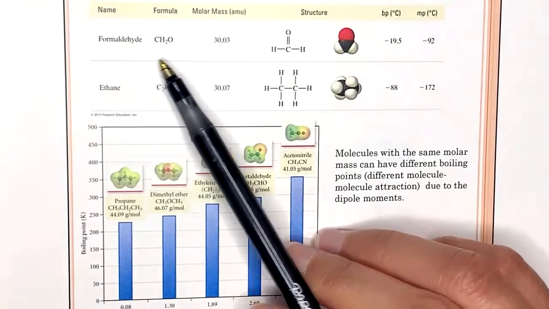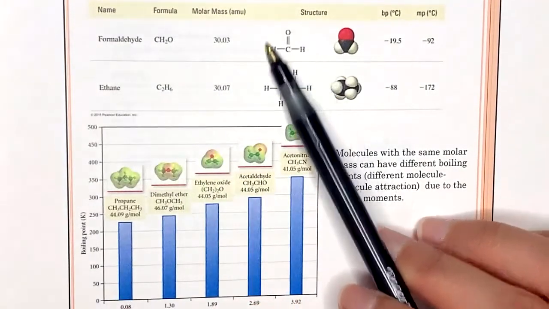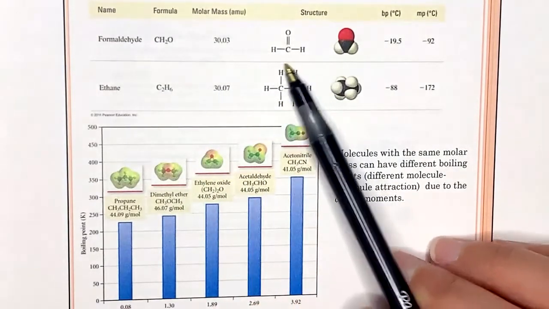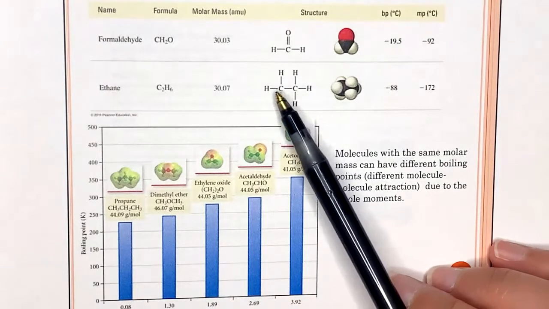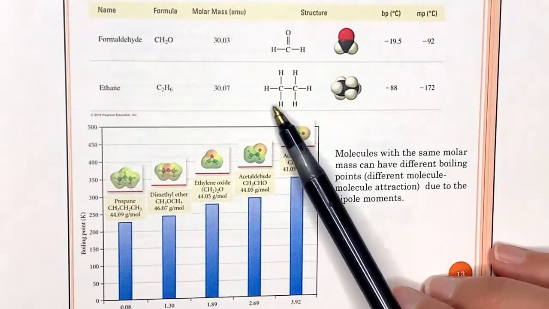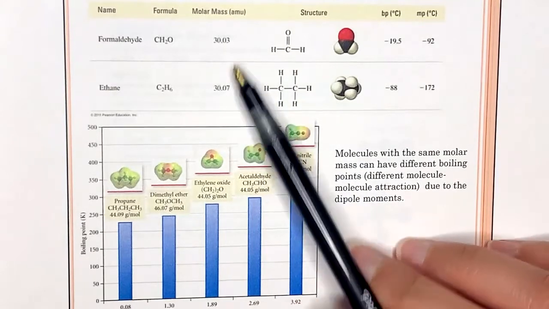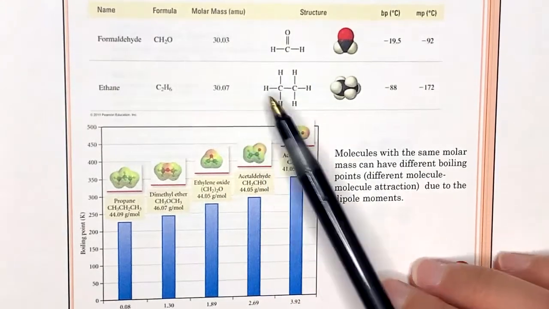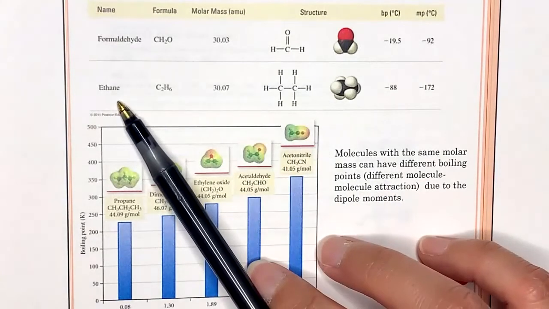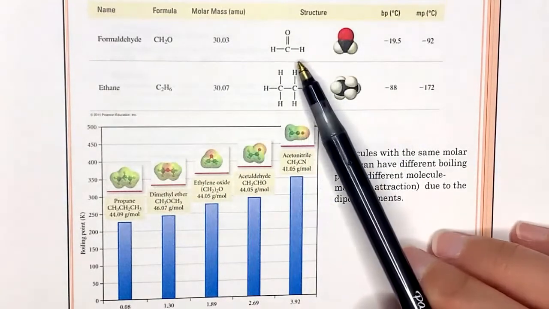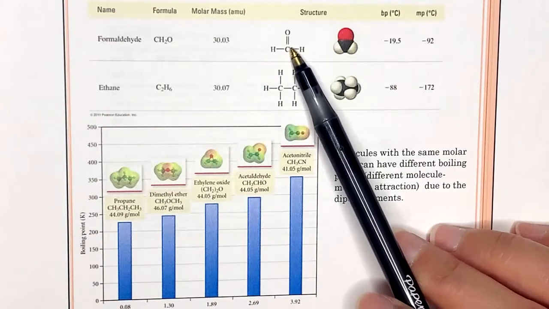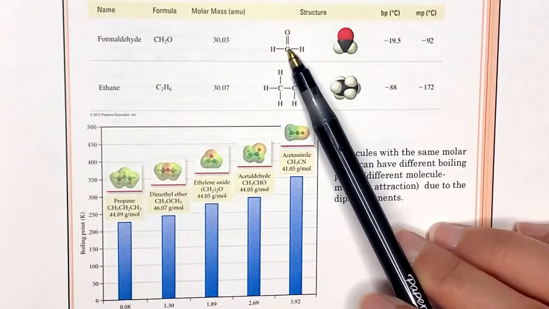Okay, so an example here: formaldehyde is like this, and then you have ethane that looks like this. Remember we said C-H and C-C are nonpolar bonds, so the whole thing is nonpolar. Look at the molar mass, it's exactly the same. In this case, ethane only has London dispersion force, and formaldehyde has a C=O bond, which is a polar bond.